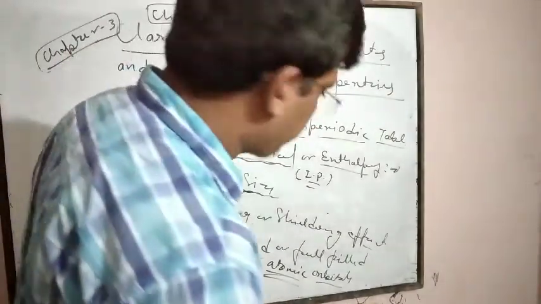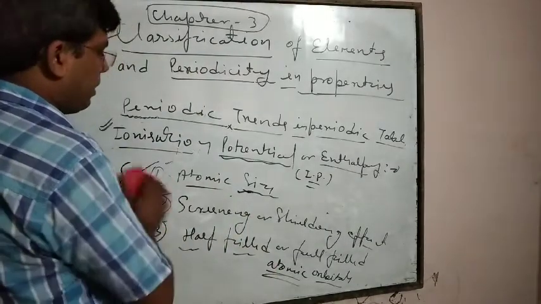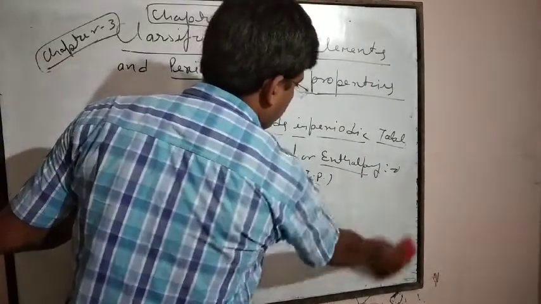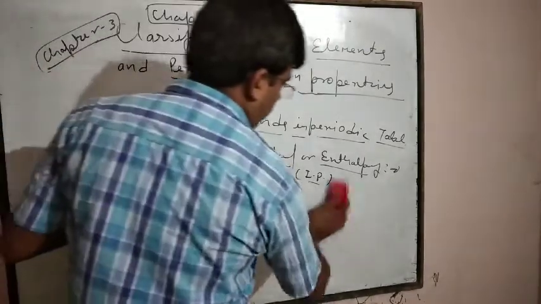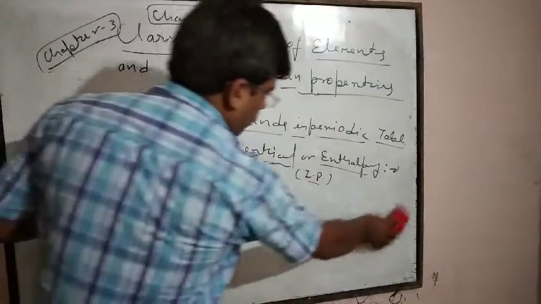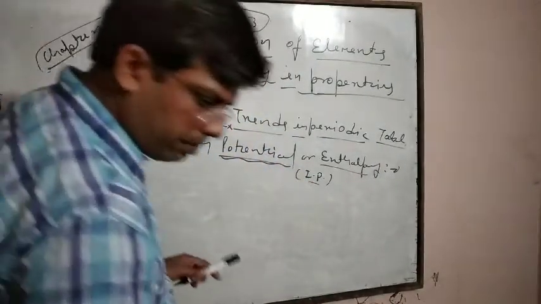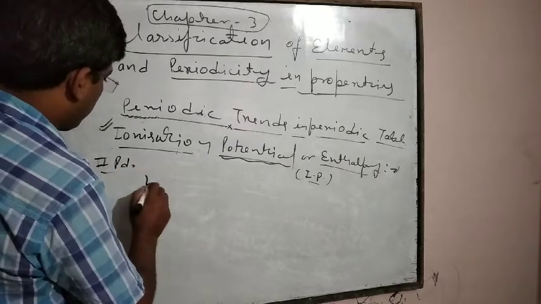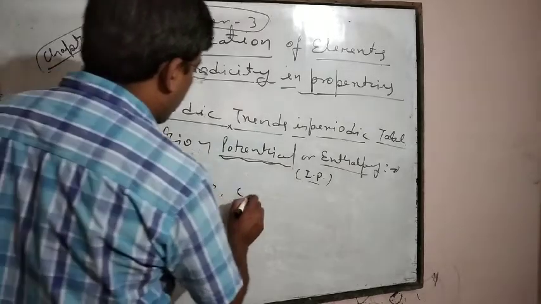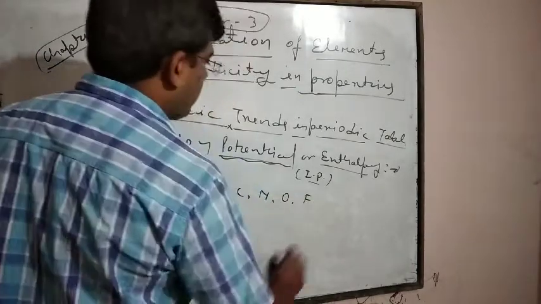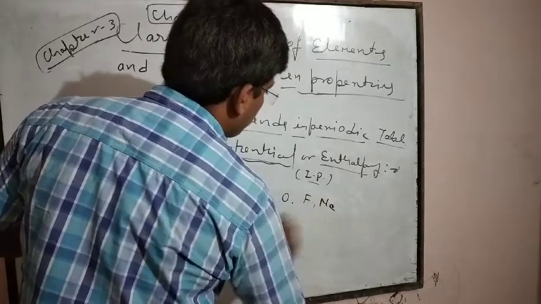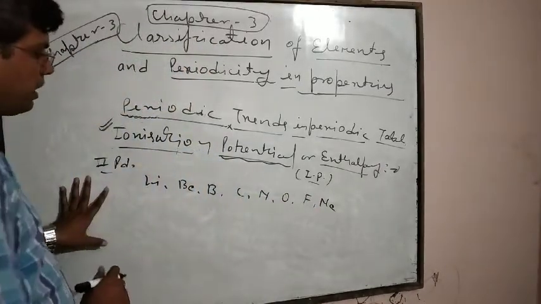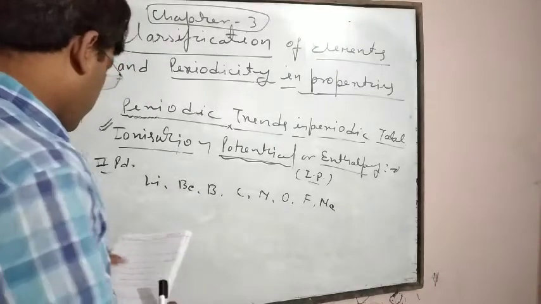For example, if we have taken second period elements like lithium, beryllium, boron, carbon, nitrogen, oxygen, fluorine, and neon, what is value of ionization potential for these elements?